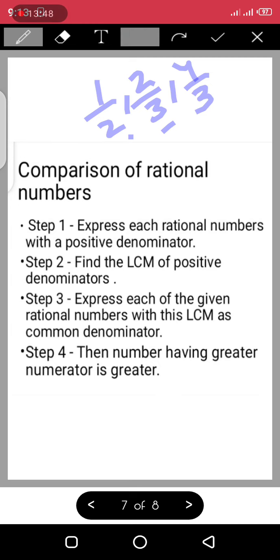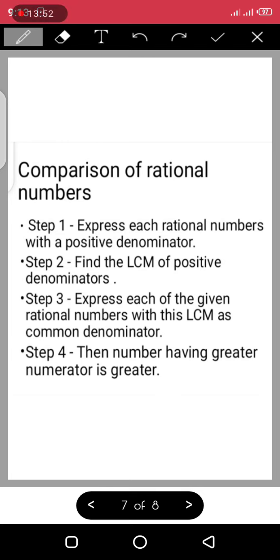Okay, now the next step is to express each of the given rational numbers with the LCM as common denominator. Means each of the rational numbers we will express with the common denominator with the help of the LCM.